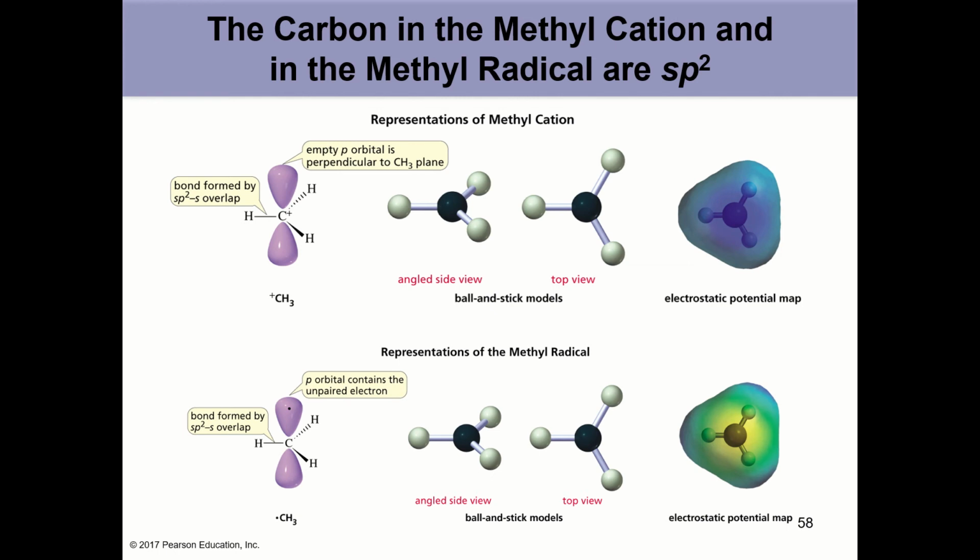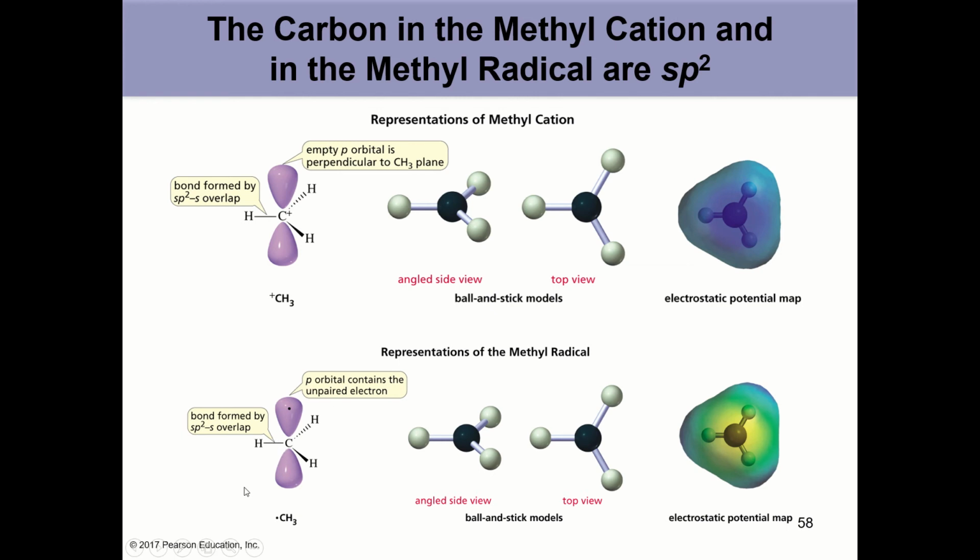Now, the carbon radical, the methyl radical shown at the bottom, also is sp2 hybridized because an electron domain is defined as the number of bond sites plus the number of electron pairs. Because the radical has only 1 electron and not an electron pair, it does not count as an electron domain. The only domains are the bond sites.